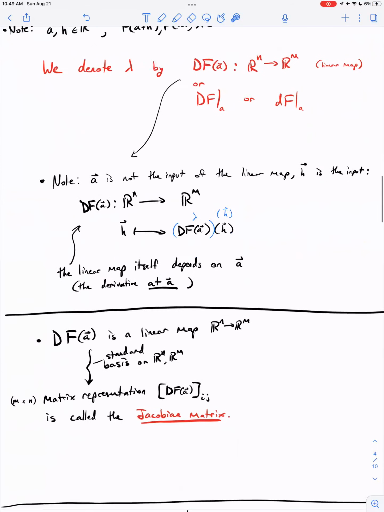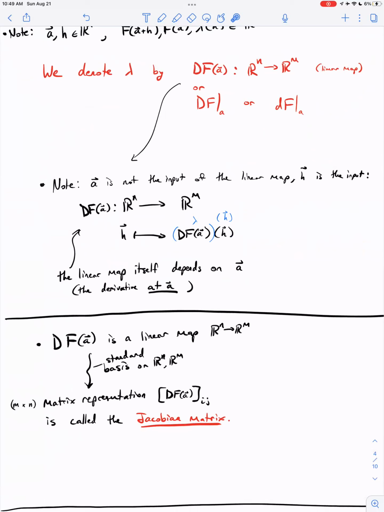Okay, and then just a little bit more notation. df of a is a linear map from Rn to Rm. We talked about linear maps last time. And then if we express things in the standard basis of Rn and Rm, then we get an m by n matrix representation of the derivative at a. And this is called the Jacobian matrix of it.